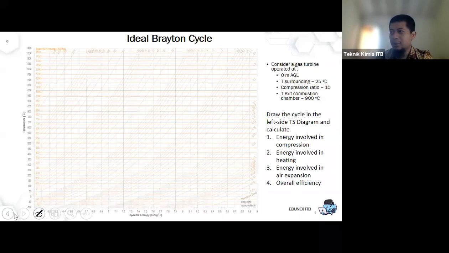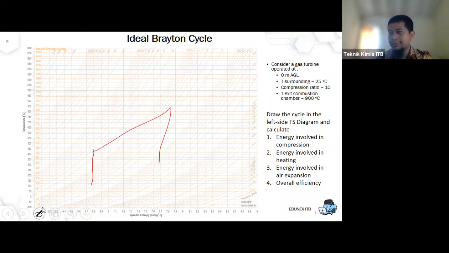Tomorrow we will draw many things in here. I hope I'm going to share this slide through Pak Wawan, and then tomorrow I want you to prepare it in your PowerPoint, so we can draw something like this.